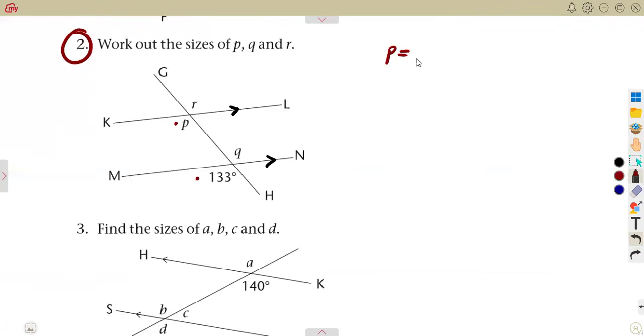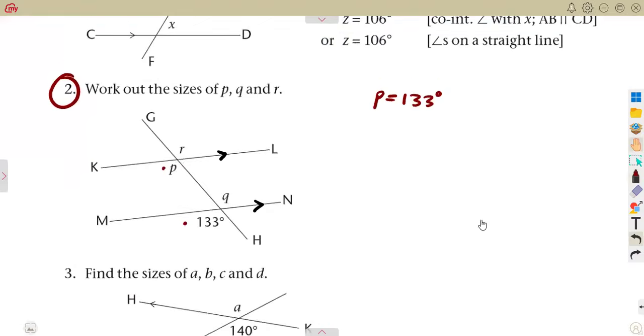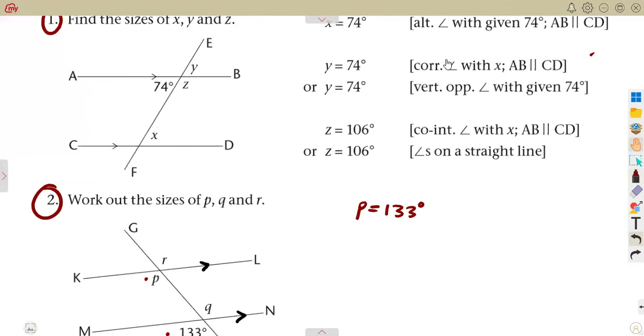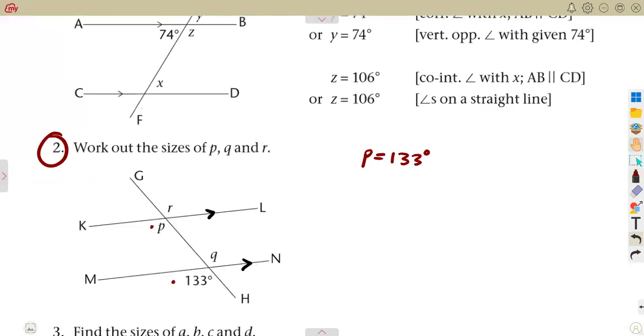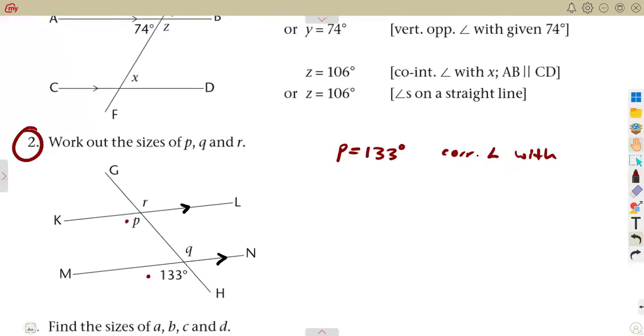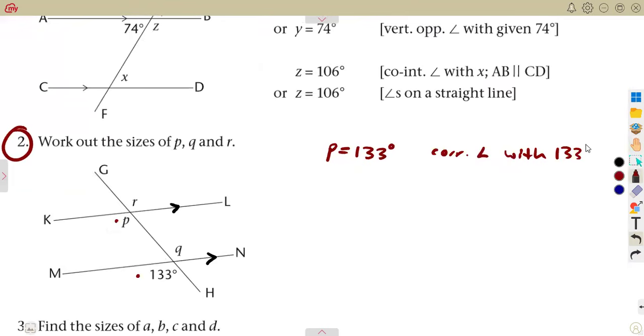So in this case, P was equal to 133 degrees. There we are talking of the corresponding. So you can even write in short like what we had there. So these are corresponding angles, corresponding angle with 133 degrees, which is the angle that we are given there.